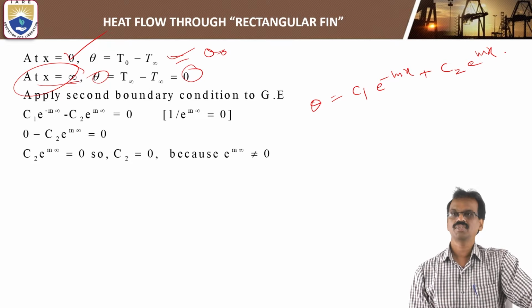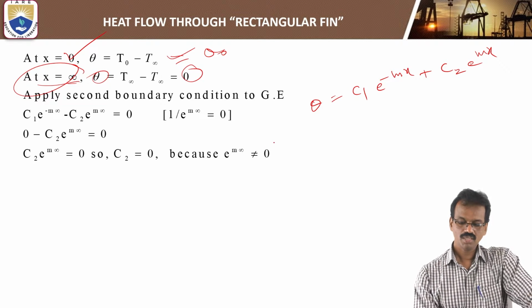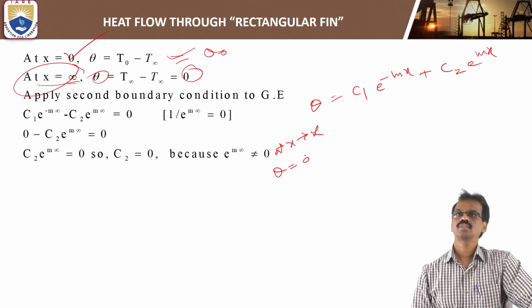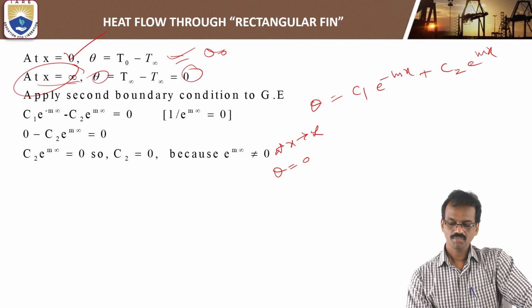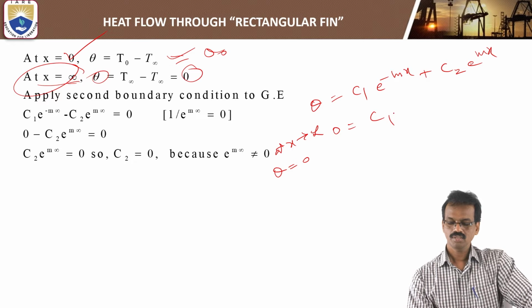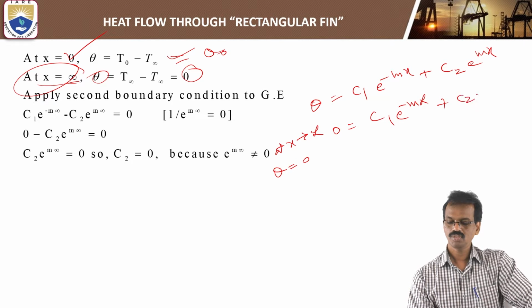The second boundary condition: at x tends to infinity, theta is equal to 0. It means theta will be 0 and C1 e to the power of minus m infinity plus C2 e to the power of m infinity.